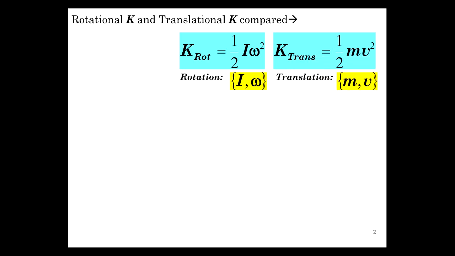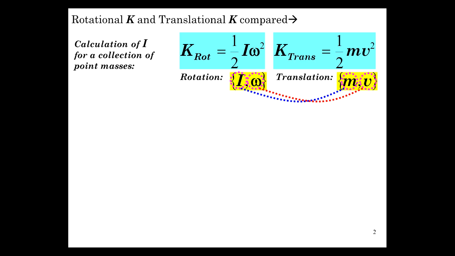Correspondingly, translational kinetic energy is related to mass and velocity, or speed. So I, moment of inertia, and m, mass, are related across these two ways of thinking about the energy, and omega and v as well. So those are the correlations between rotation and translation.